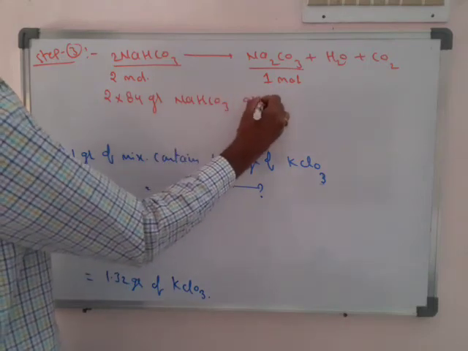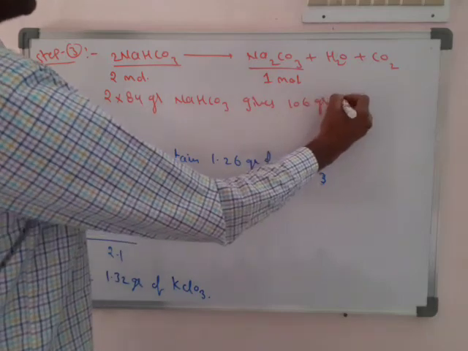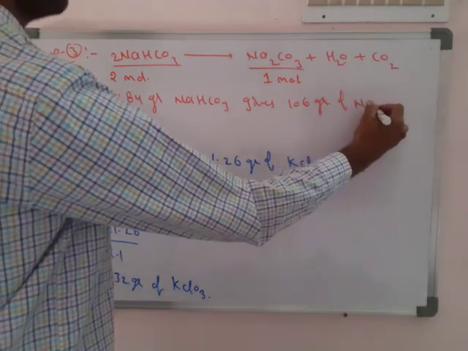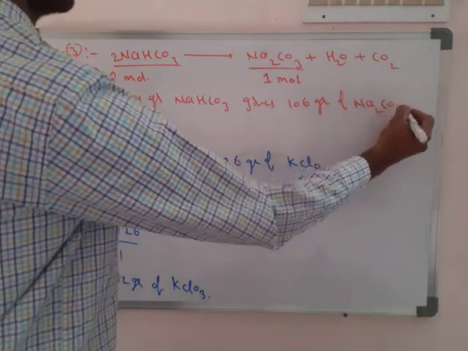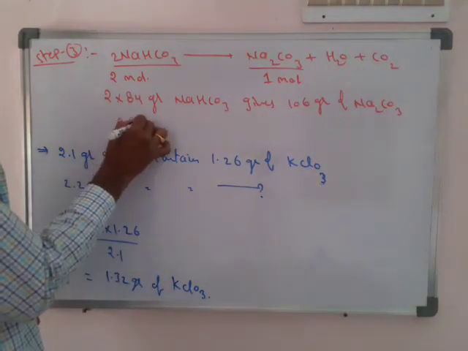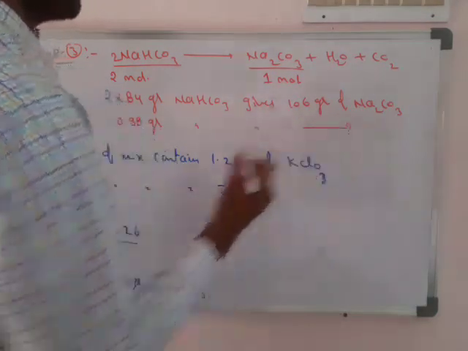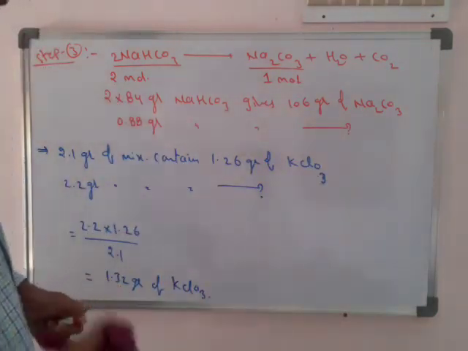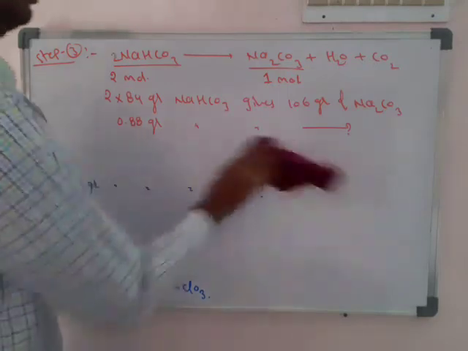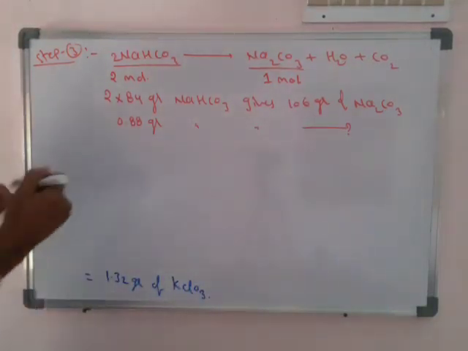of NaHCO3 gives how much sodium carbonate? 1 mole means 106 grams of sodium carbonate. So then, the weight we have here is 0.88, which gives how much sodium carbonate?